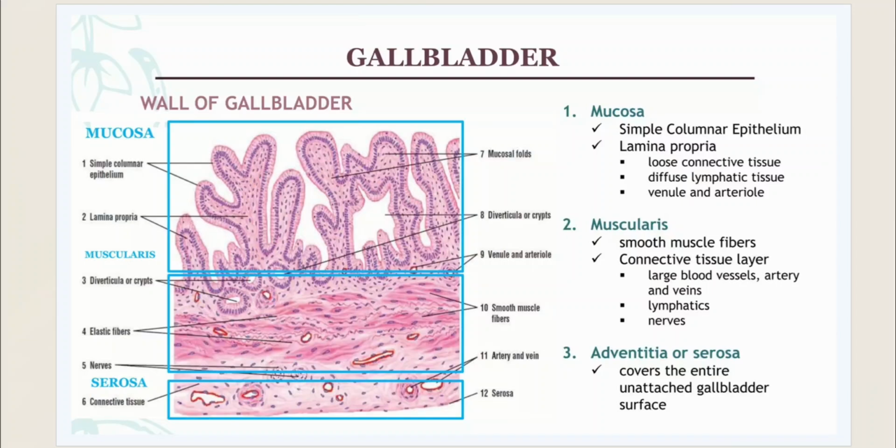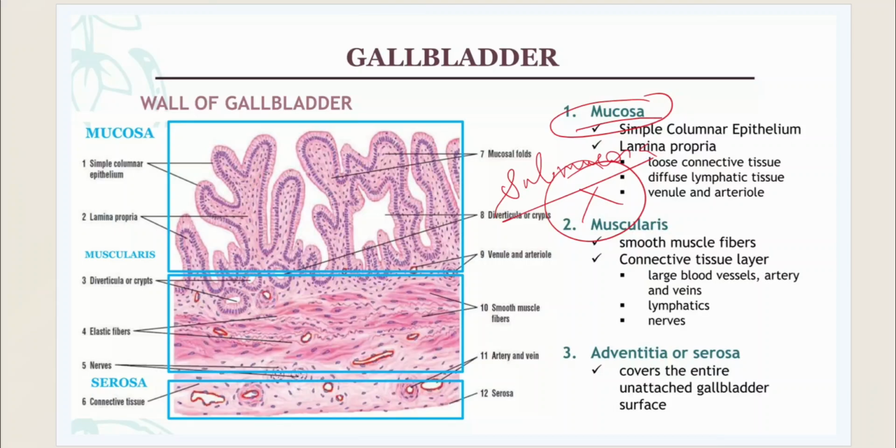Next, we have the histological image of the wall of the gallbladder. The mucosa of the gallbladder contains simple columnar epithelium, but the characteristic feature of the GB wall is that it doesn't have a submucosal layer. Submucosa is absent.